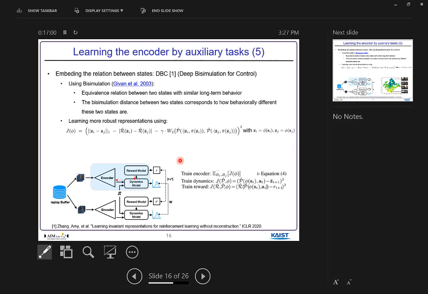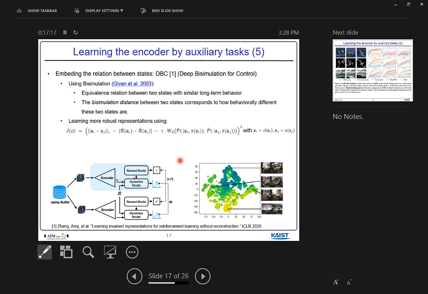So what is bisimulation? I can say a bit about this. In bisimulation, we need a metric to measure whether two states have similar behavior. So what is similar behavior? You can see here the visualization of the latent space after learning with this metric.